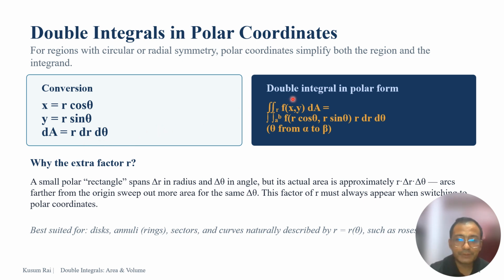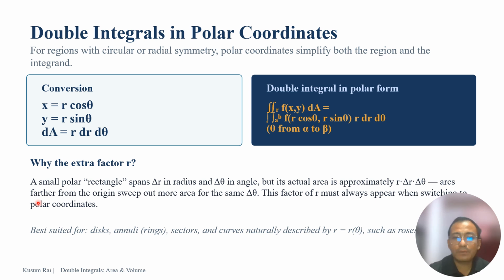So here the double integral in polar form is: the double integral of f(x, y) dA is equal to the double integral from a to b of f(r cos theta, r sin theta) r dr d theta, with theta from alpha to beta. Now, why is the extra factor r over here?